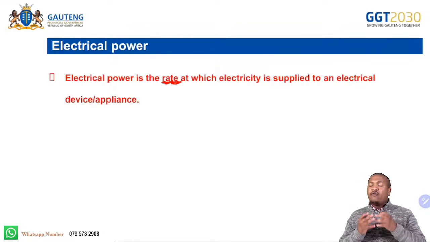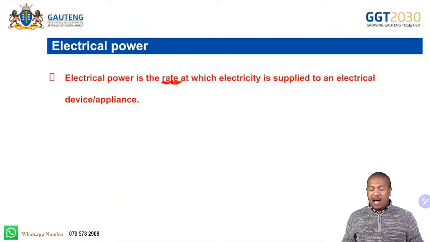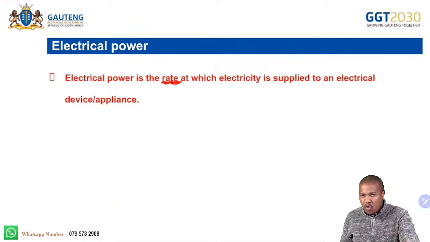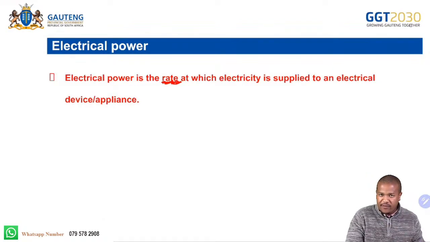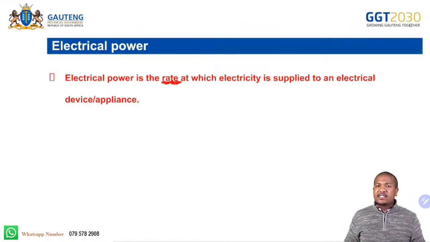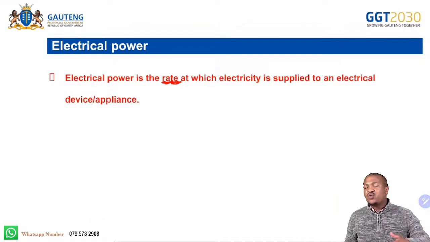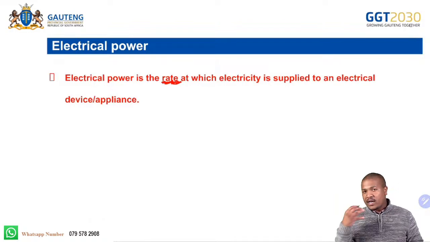How fast or slow a certain appliance receives electrical power, how slow or fast a microwave receives electrical power, how slow or fast a refrigerator receives power. That is electrical power, the rate at which it is supplied to a certain device or appliance.